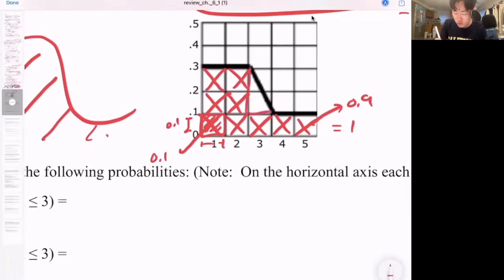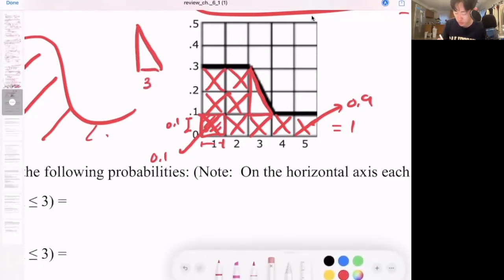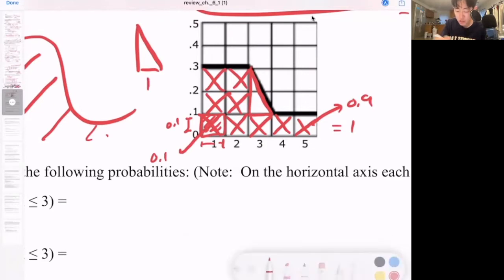Now we have this little triangle here. If you're wondering whether the two parts fit exactly in half, to answer your question bluntly, yes, exactly. But take this triangle, for example, and use geometry to solve for it. The horizontal distance is, I'm sorry, that's not a 3, that's a 1, and the vertical distance is 0.2, right? Because it goes twice.